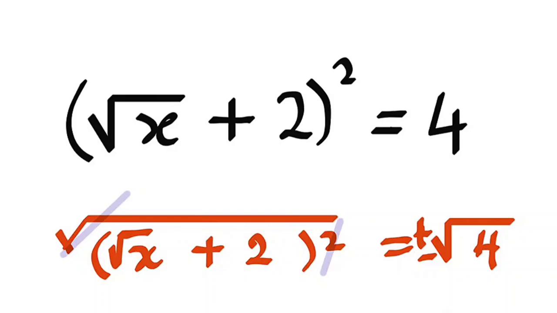By taking the positive value, which is 2, we have √x + 2 = 2, or √x + 2 equals negative 2.